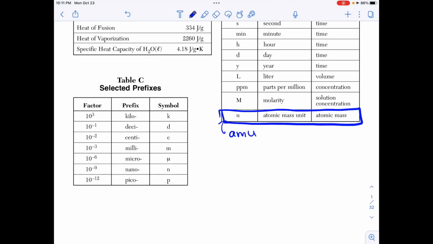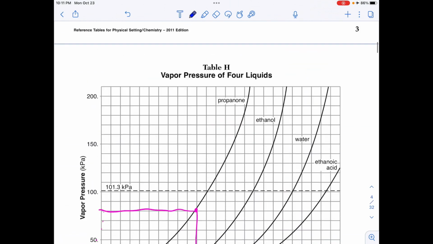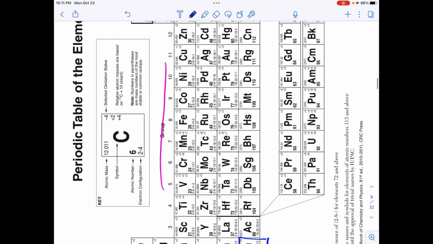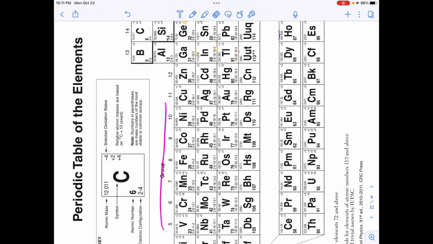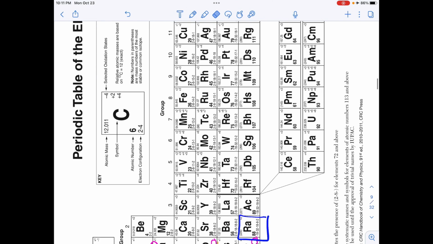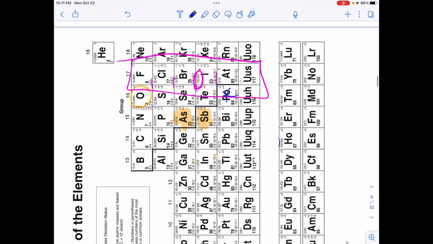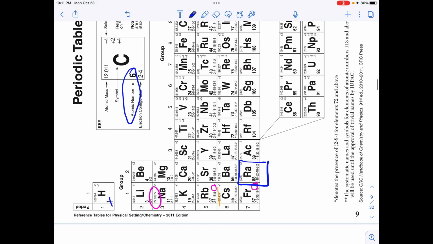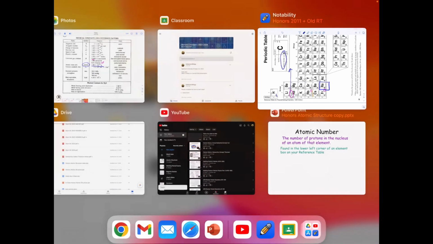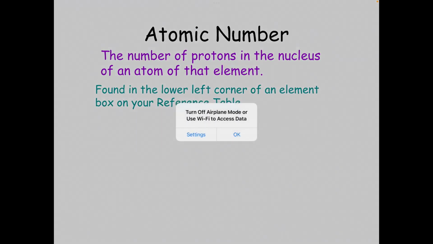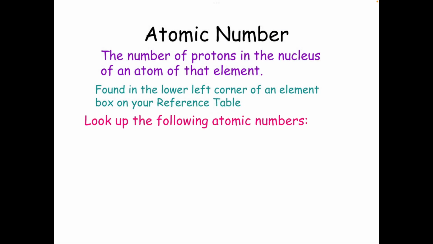So on the reference table, which unfortunately is going to be sideways for us, I apologize, atomic number is right there. The atomic number goes 1, 2, 3, 4, 5, etc. So lower left corner of the periodic table.